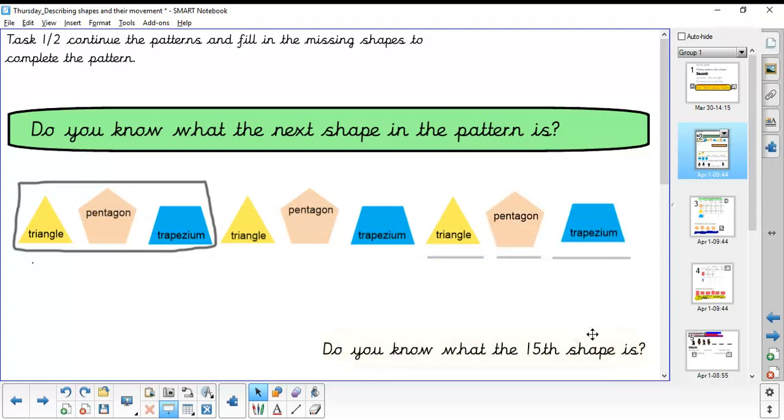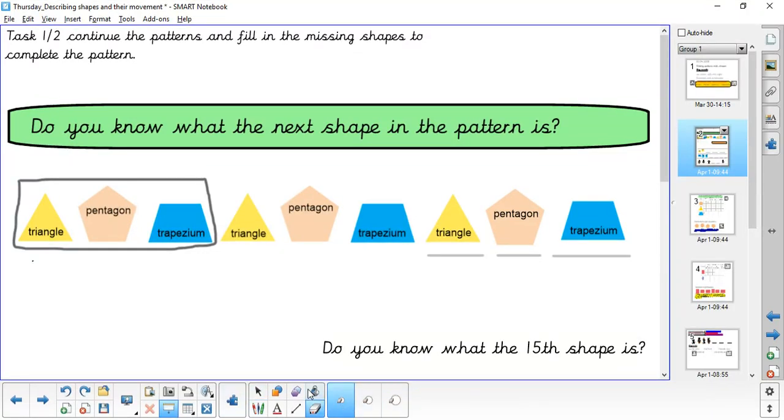Do you know what the 15th shape is? To help us find the 15th shape on the pattern, we can number the shapes of the pattern itself. So, firstly, triangle is the first shape, then it's the pentagon, then it's trapezium.